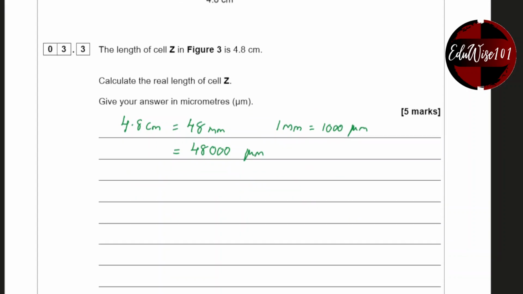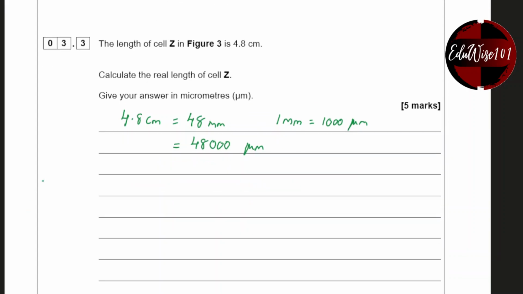So what is the equation for magnification? Magnification equals image size divided by the size of the real object.